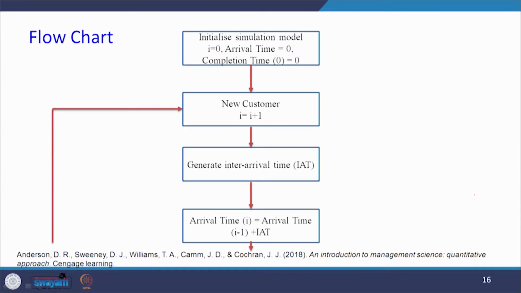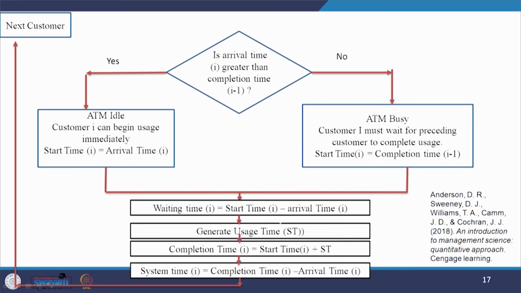So, the flow chart shows, first we initialize the simulation model: I equal to 0, arrival time is 0, completion time is 0, new customers are entering, then we generate inter arrival time, then arrival time is arrival time plus inter arrival time. Then, is arrival time greater than completion time?